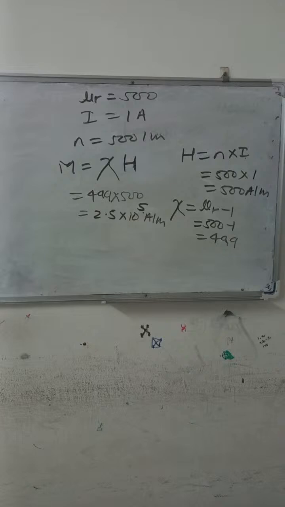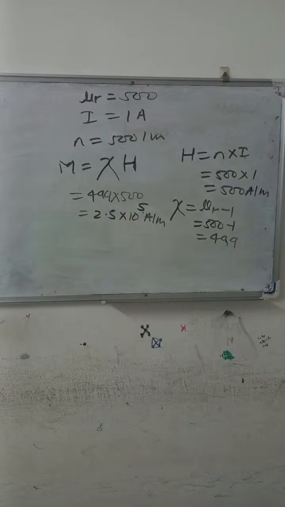H is n into I, and psi is mu r minus 1. So n, I and mu r are all given. Calculate H and psi and substitute in the magnetization formula to get the answer.